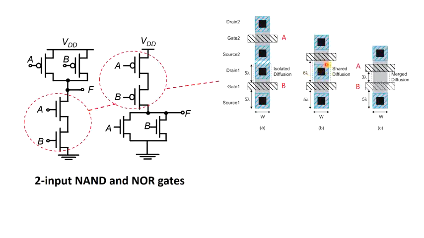Eventually, if you do not need any contact from here or from here, you can think of removing the metal to diffusion layer contact, which is called merged diffusion, where we can further reduce the area of diffusion, and that means you can further reduce the diffusion capacitance or the parasitic capacitance.